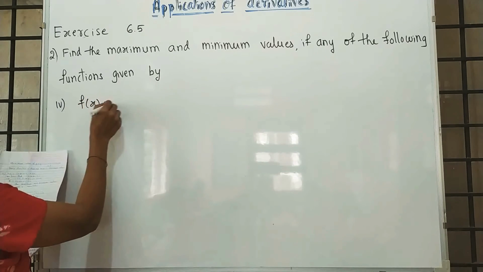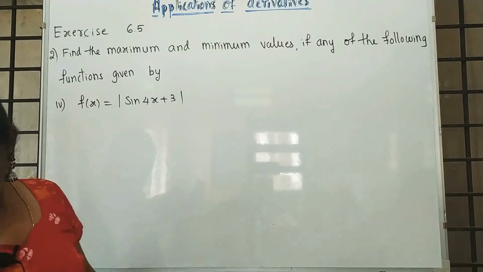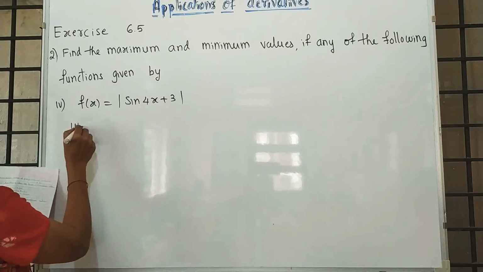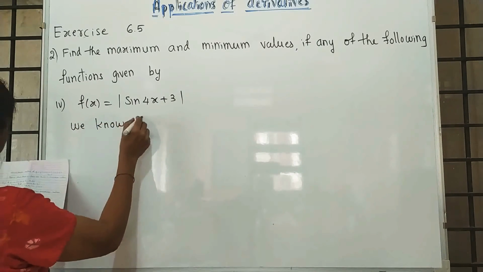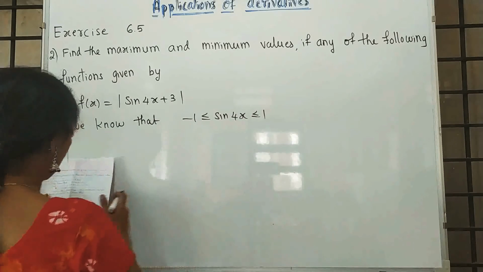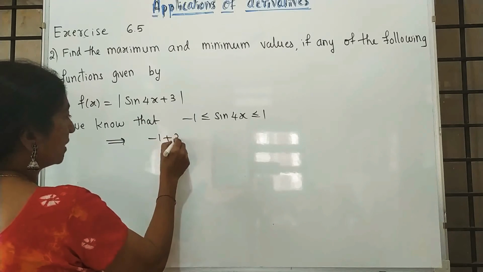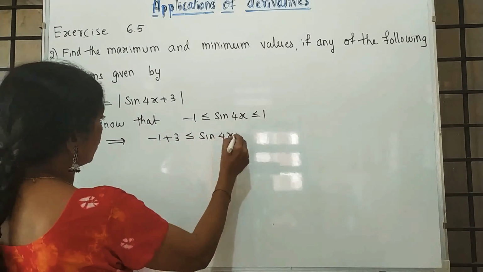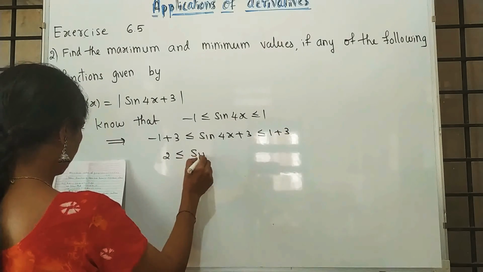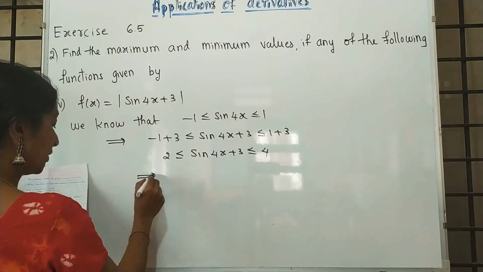f of x is equal to modulus of sin 4x plus 3. Both are under modulus. So here again you know that sine is lying between minus 1 and plus 1. The maximum value is plus 1, the minimum value is minus 1. But we require sin 4x plus 3. Add 3 to each expression. Now take the mod.